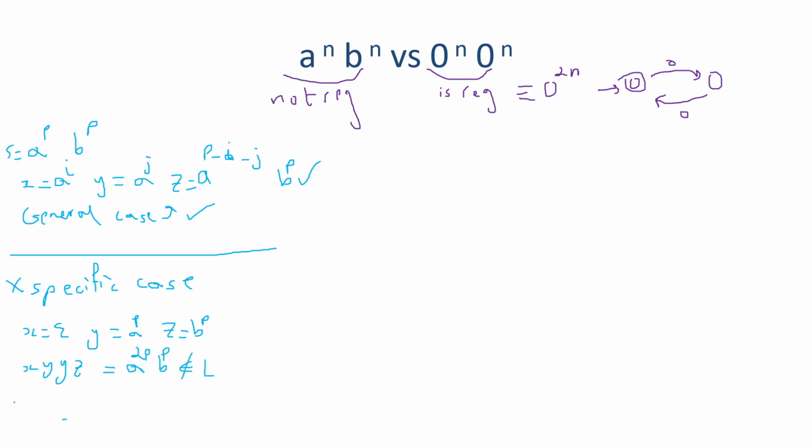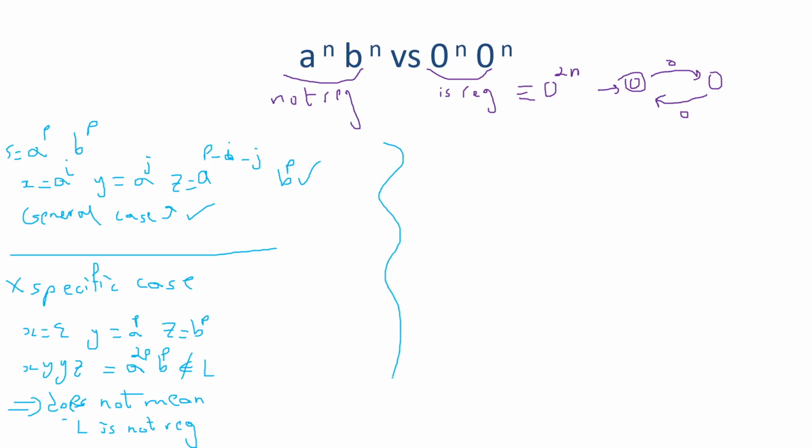However, this does not mean that my language is not regular. Now, I know that A^n B^n is not regular, but I'm saying this is not the correct way of proving it. You have to go through general cases, because you can always choose a specific case that doesn't work.